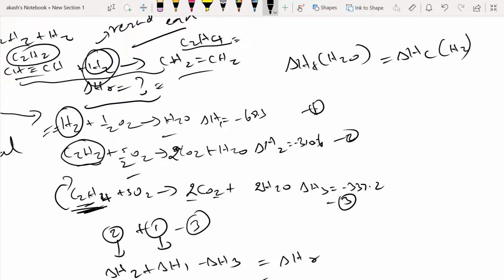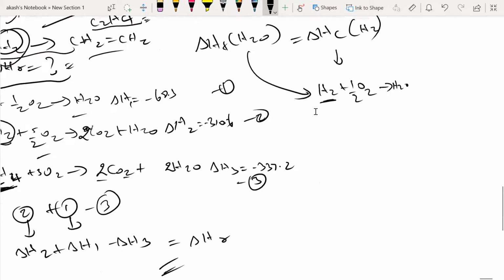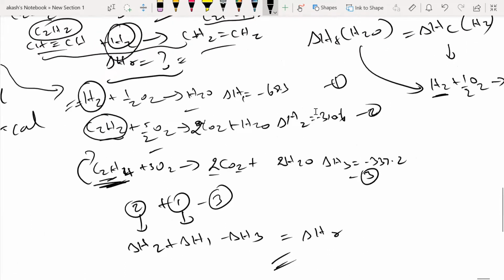Enthalpy of combustion of H2 means H2 has to combine with oxygen to form H2O, so you have to make sure that only 1 mole of H2 undergoes combustion. This is exactly what you will write for enthalpy of formation of H2O. So a lot of weird connections you'll be able to get. Anyway, I hope everybody understood this problem. Very, very simple.